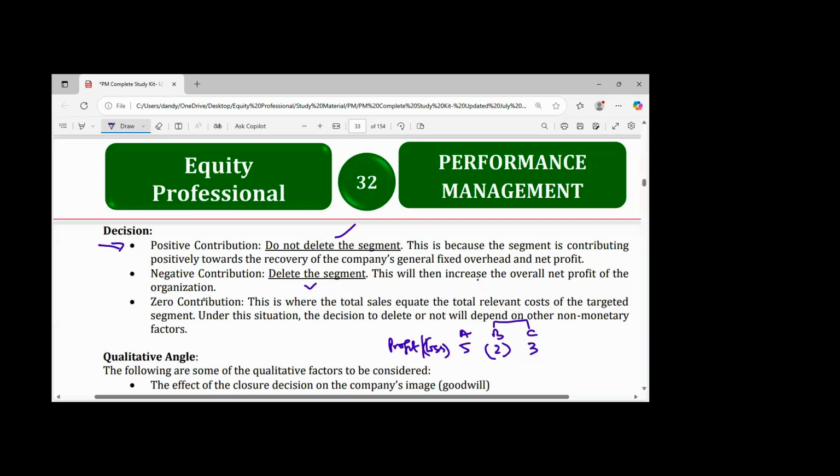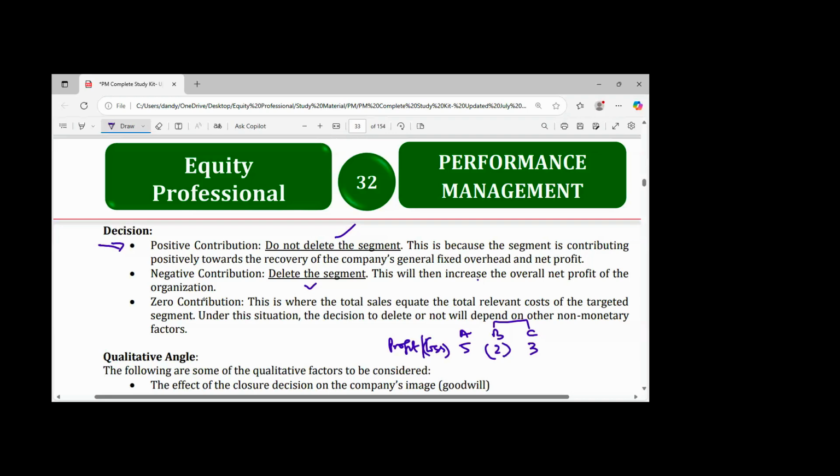Then number 2, the impact of the closure decision on the company's reputation should also be taken into consideration before final decision is taken. All right? Because customers may be saying among themselves that, oh, this company does not do this, does not do that, doesn't even consider the impact on the customer before the final decision was taken.